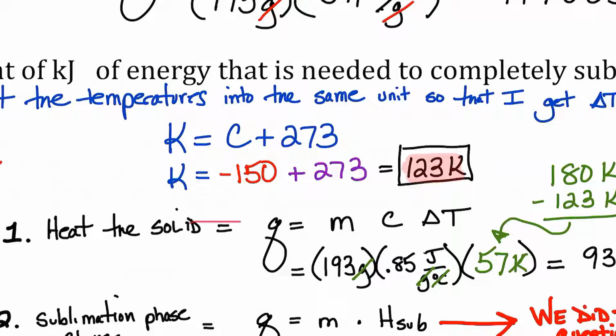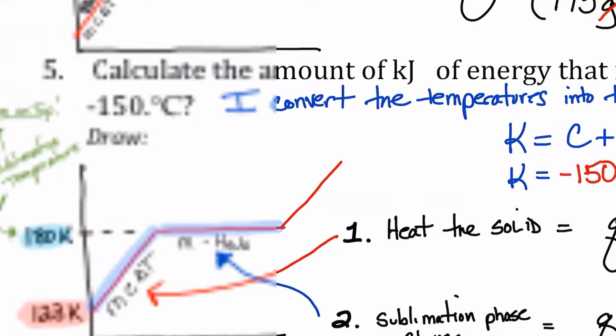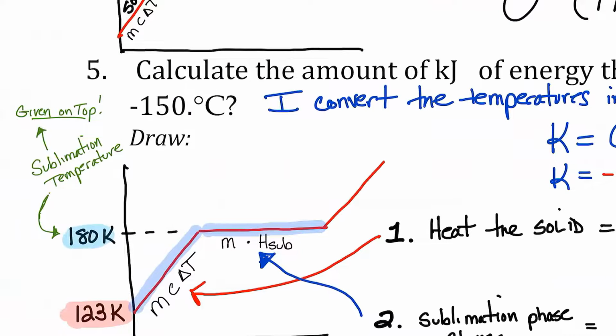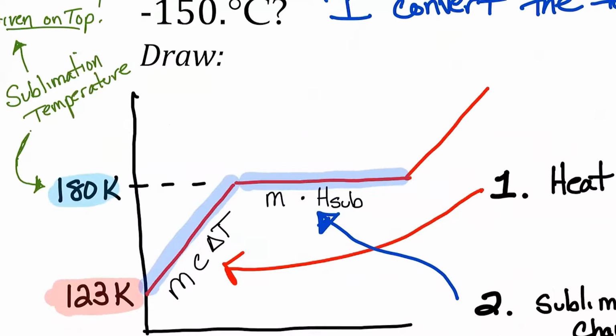And guess what I did? Okay, I made a drawing. Yes, I can speak. And in this drawing, I saw that if I'm starting at 123 degrees Kelvin, I'm way below its sublimation point.